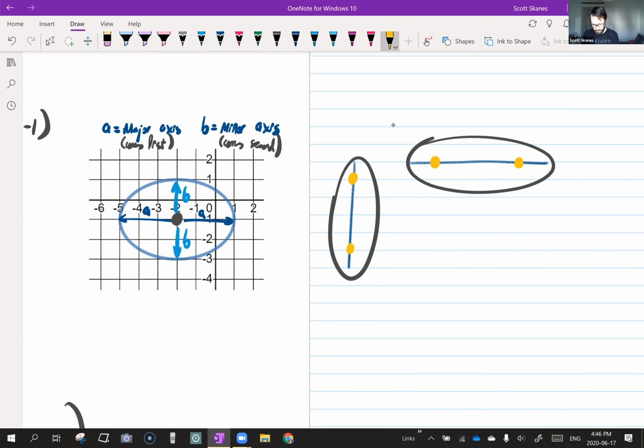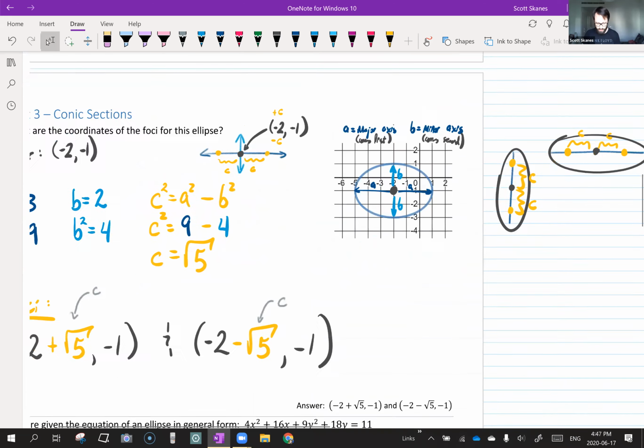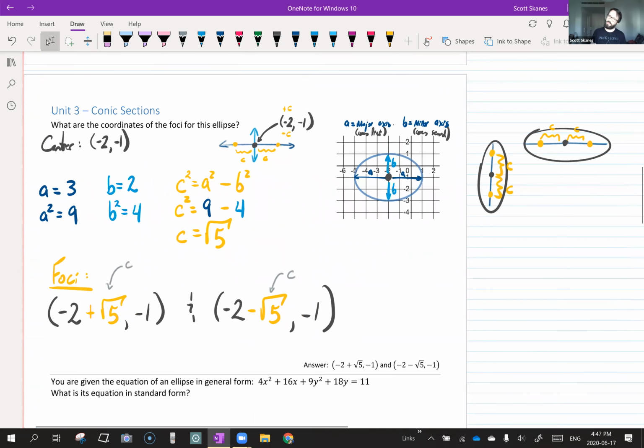So you take the center, and whatever the x value is, you add c or subtract c. If you have a vertical one, you take the y value of the center and add or subtract c. In my case, I had to add or subtract it from the x values. Is that clear? I don't know how else to answer your question.